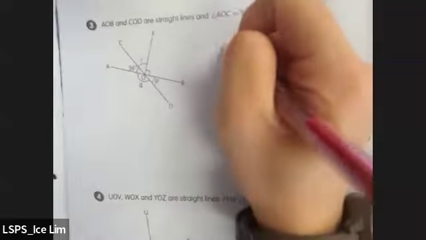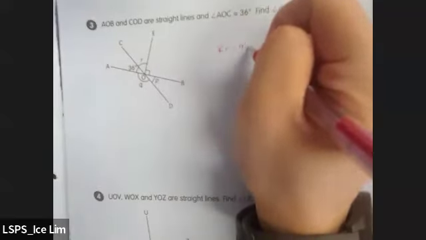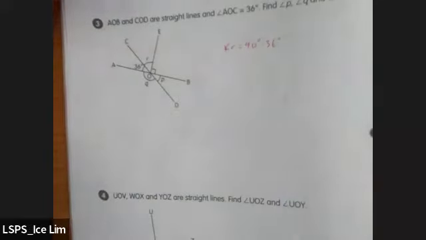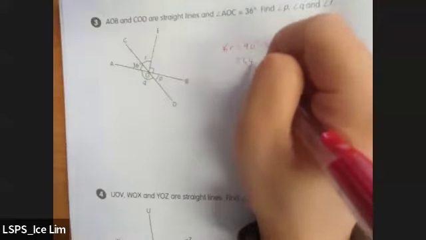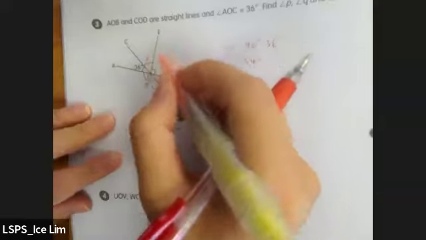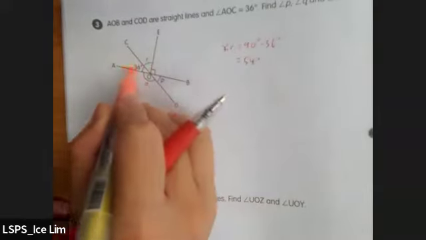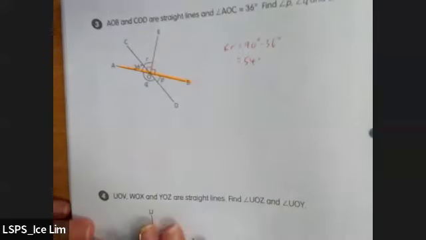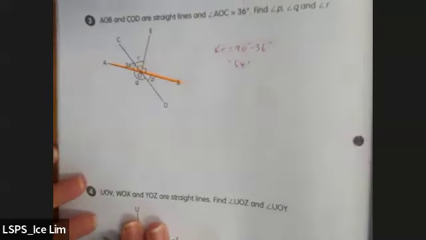I wrote here angle R equals 90 degrees minus 36. Okay. And that's 54 degrees, because here there's a right angle. So two right angles meet a straight line.